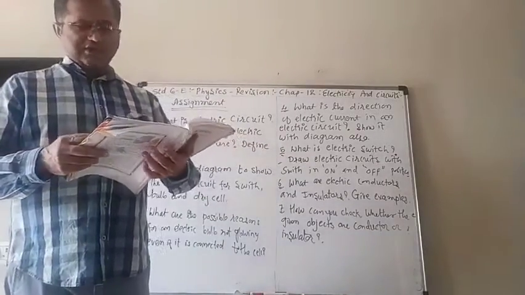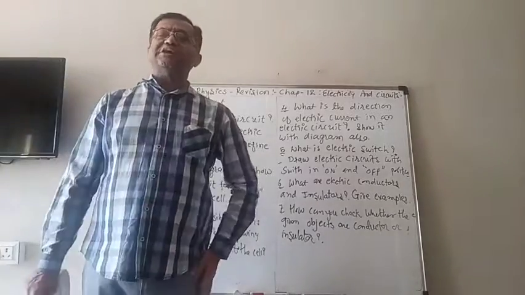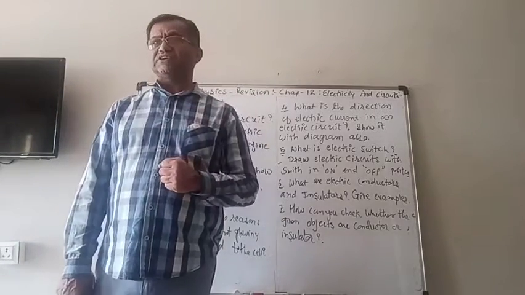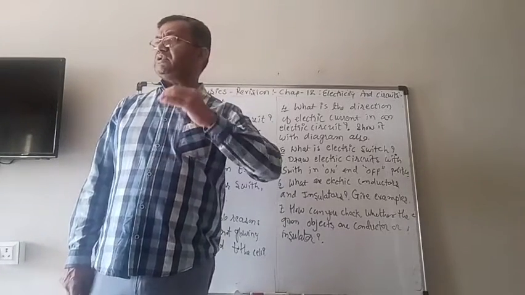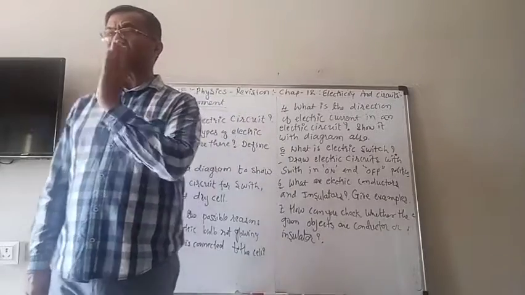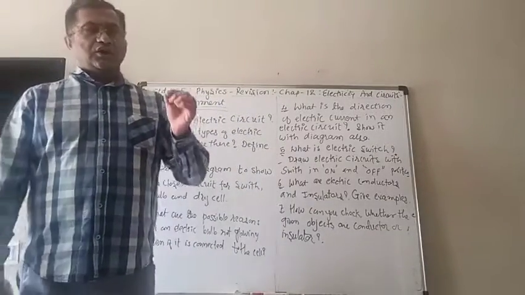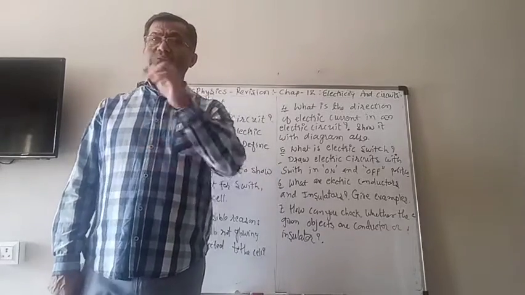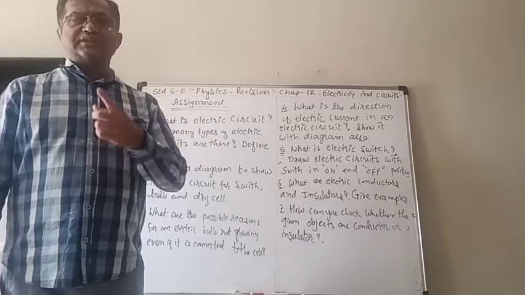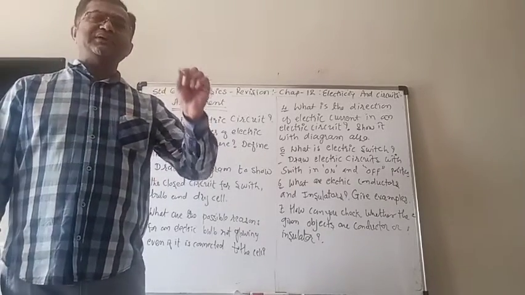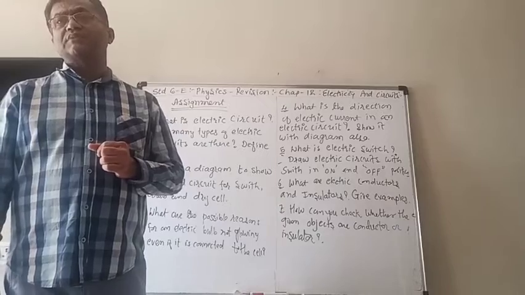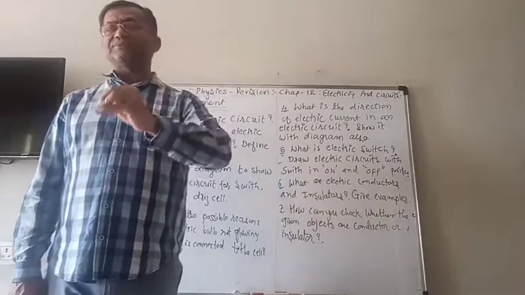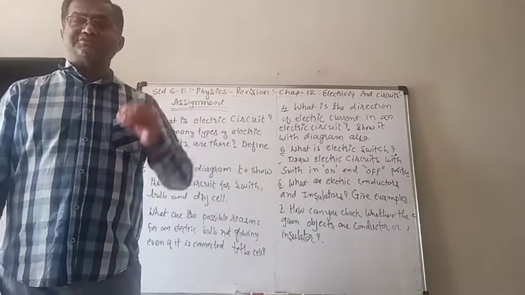Now, as we talked about the two types of circuits, open circuit and closed circuit, let us understand what is the open circuit and what is the closed circuit. Closed circuit means there is no gap in any of the connections, and there is a completely connected path without any gap from the positive terminal of the cell to the negative terminal of the cell.